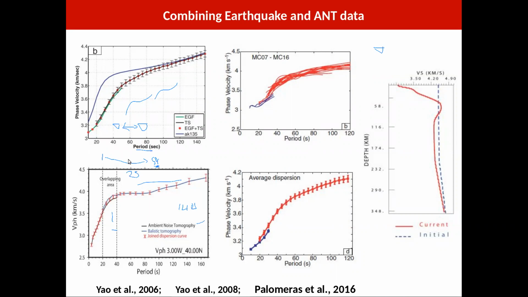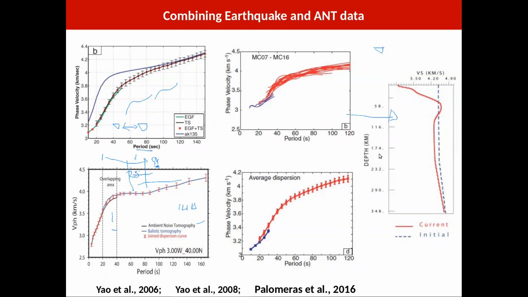Okay, and then in the area where there is a crossover, what you do is just average the velocity from the ambient noise dispersion curve and the velocity from the earthquake surface waves, and then you get one dispersion curve, and you use that to retrieve your structure.